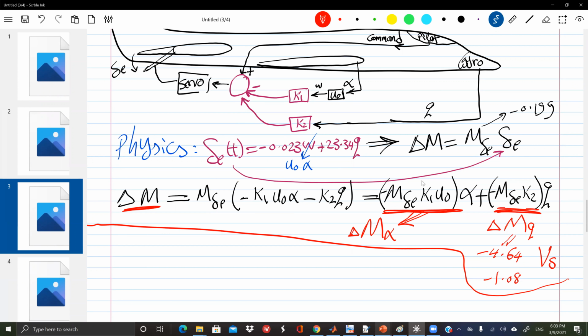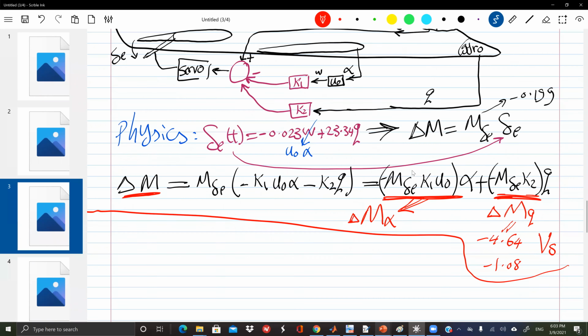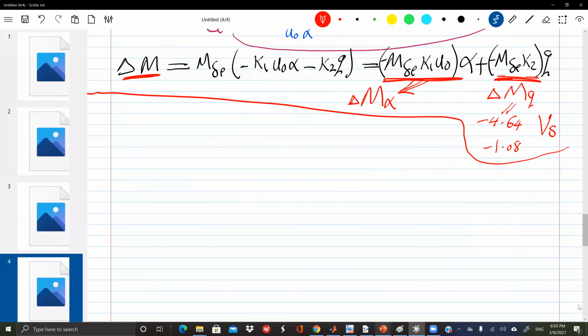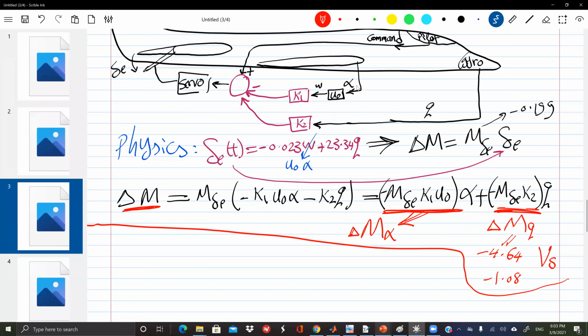If you can attain the same response with fewer gains, which means fewer sensors, this is a very commendable thing, particularly if some sensors are really worse than others. Like I said, we play with gyros all the time, and they are really nice sensors. Angle of attack, not the same.